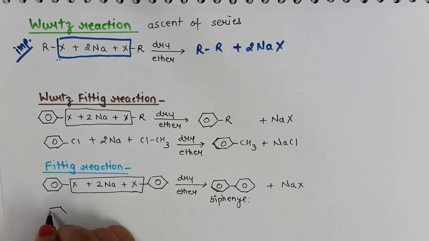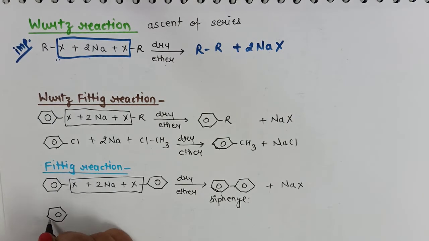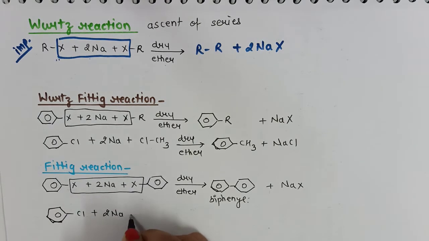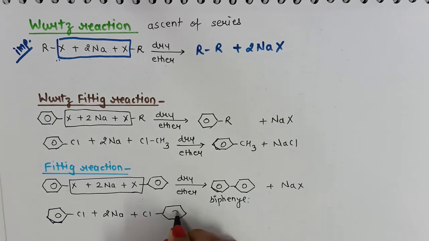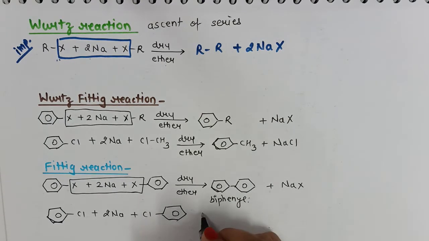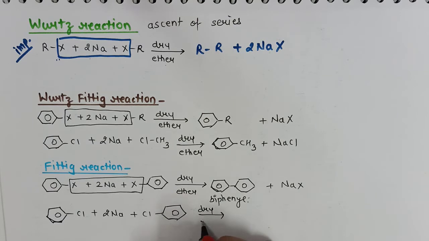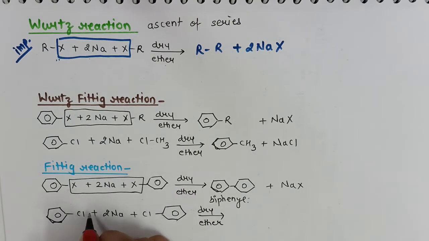For example, 2 moles of chlorobenzene are treated with sodium in presence of dry ether.